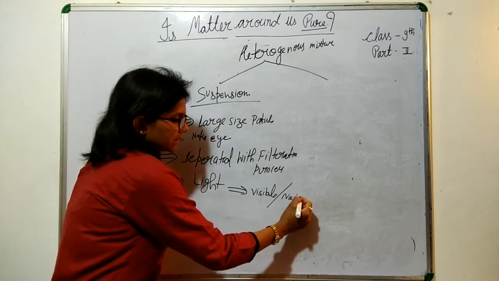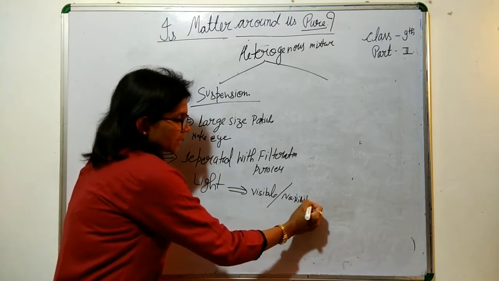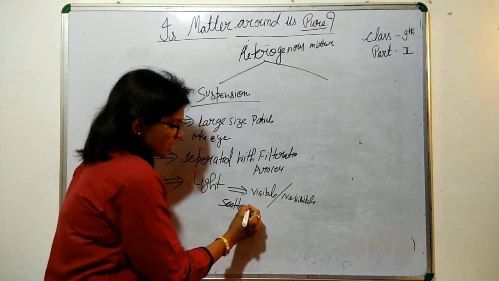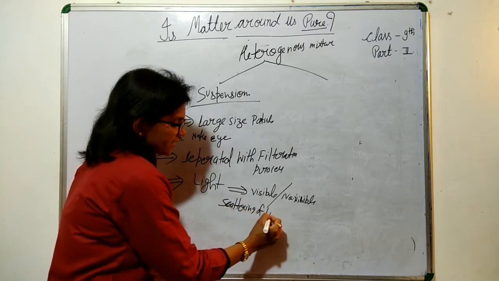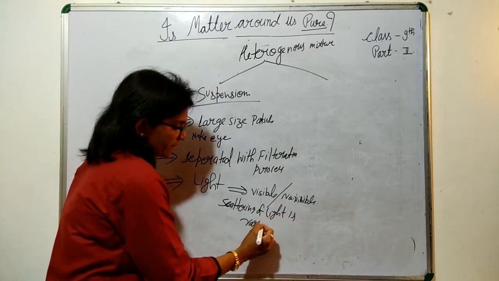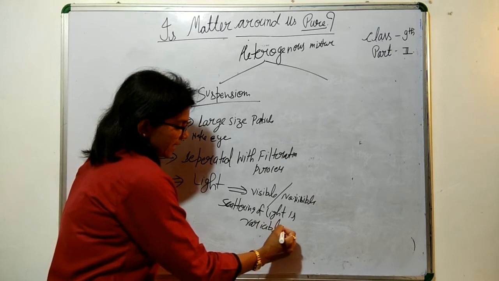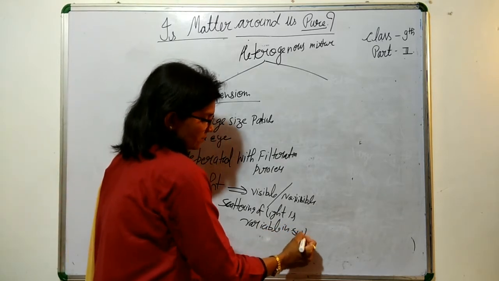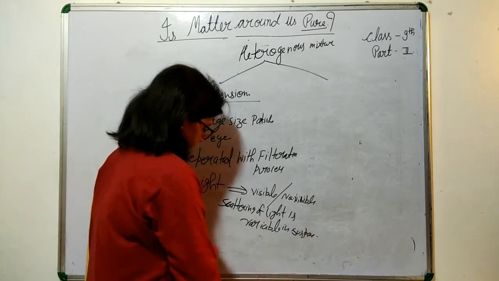No visible path means this is scattering of light, which is variable in case of suspension. It is a very important thing.